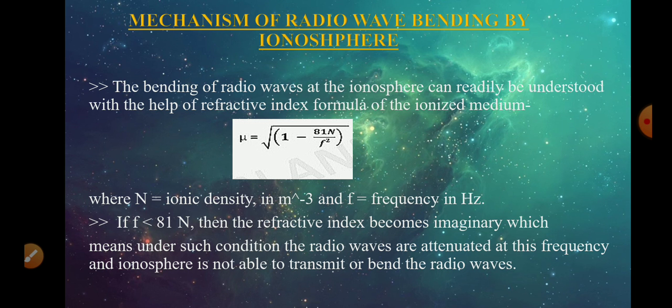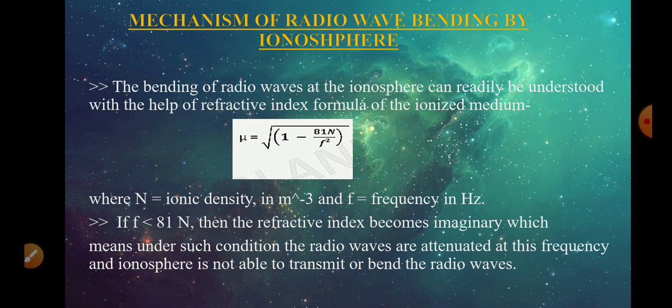As we go up in height, whenever we go from the D layer to the F1 layer, E layer, F2 layer, we find that mu is decreasing and decreasing.